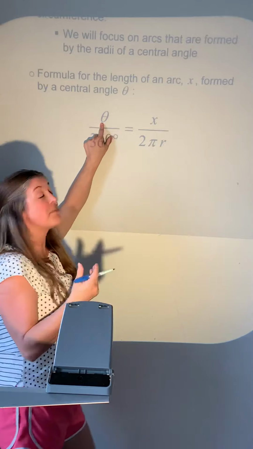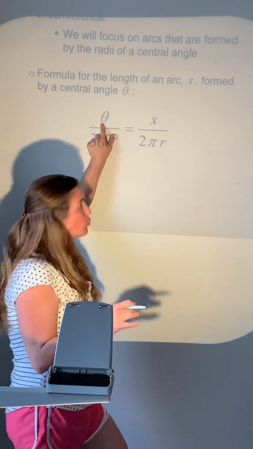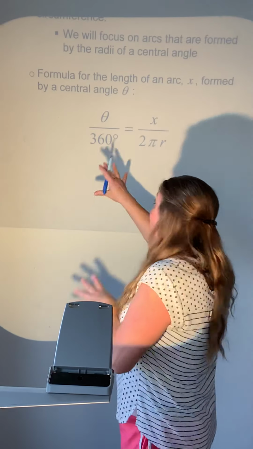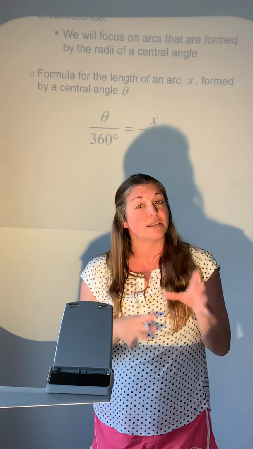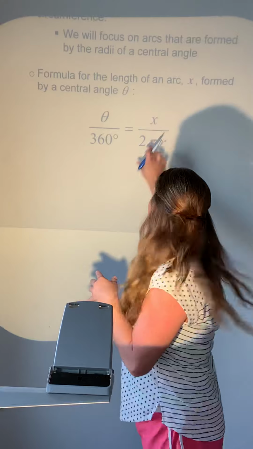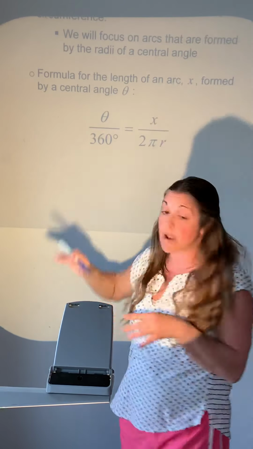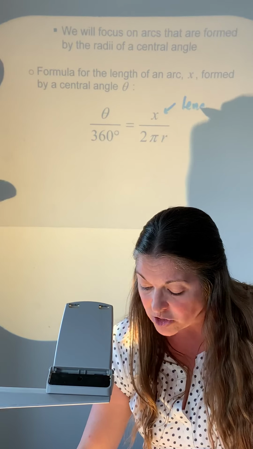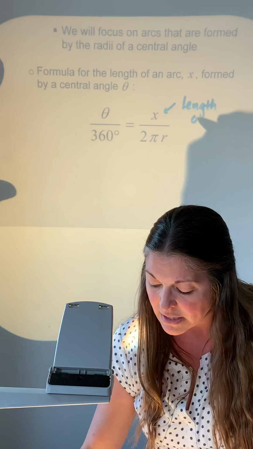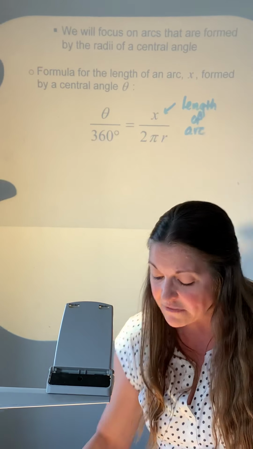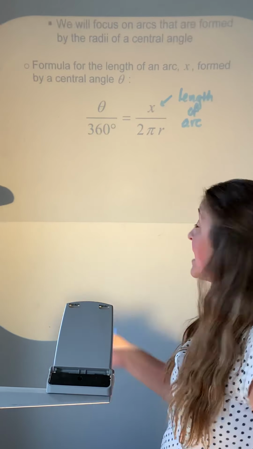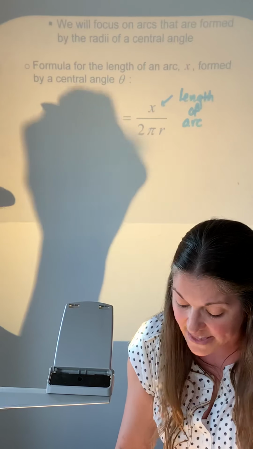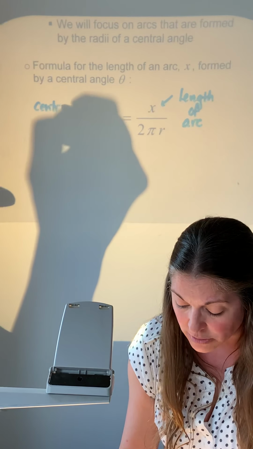It's technically a theta, which is a Greek letter just representing an angle. I decided to use that instead of a letter because I didn't want you to get confused with this X here. This X will represent the length of the arc, okay? So just so we're clear in our formula, we're going to be solving for that X, giving us the length of just one little part of the circumference, and this will be the central angle.